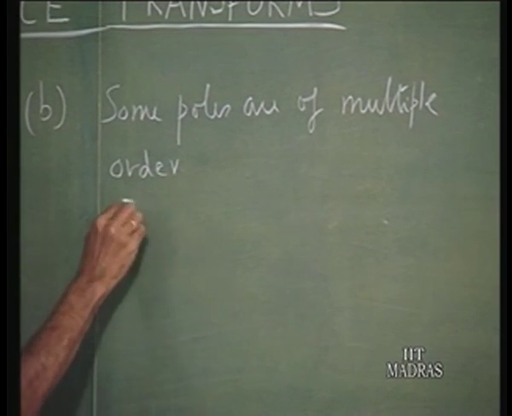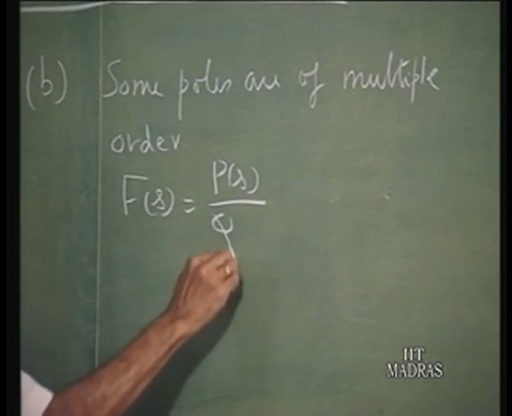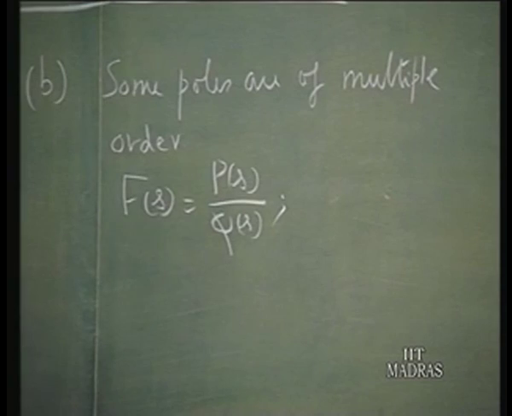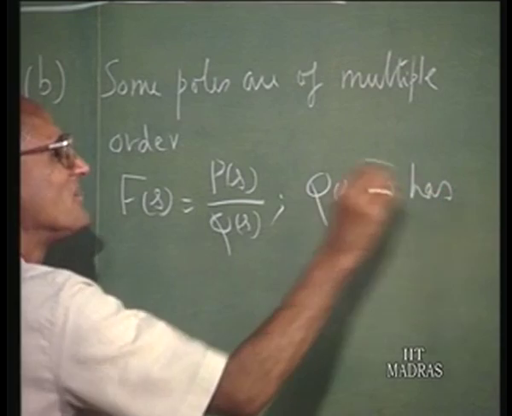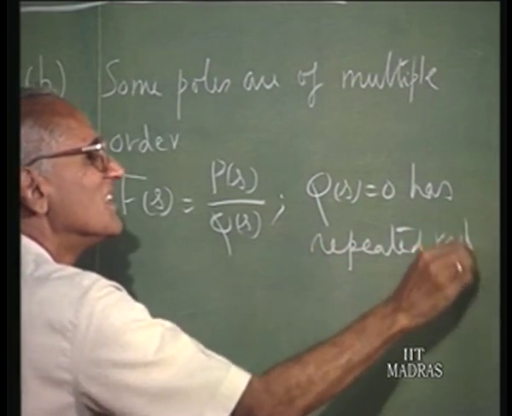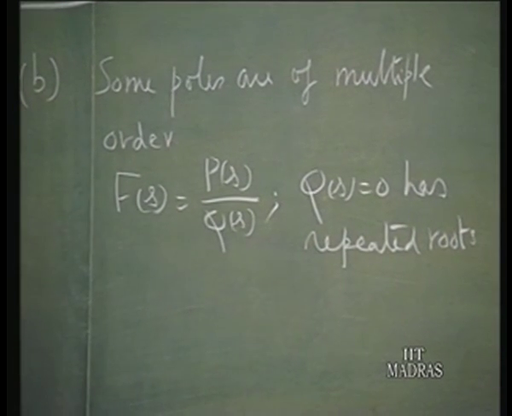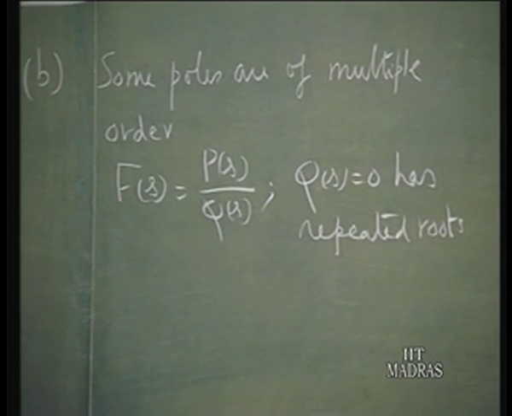In other words, if f of s is Ps over Qs, and Qs equals 0 has repeated roots, so some factors are repeated, then we will say that f of s has multiple order poles depending upon the repetition. Suppose it is repeated twice, it is a pole of order 2. If a particular root is repeated 3 times, then we say a pole of order 3.